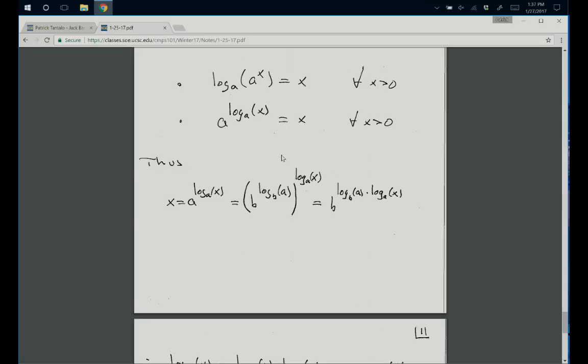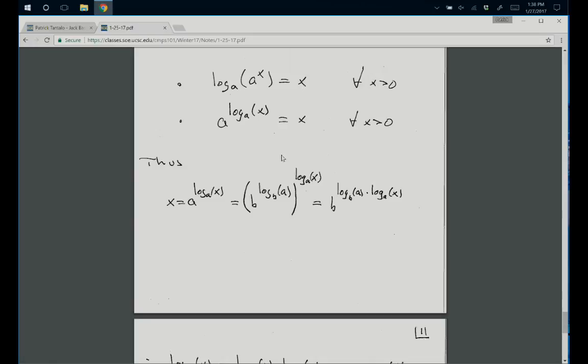Okay. Let's just stare at that for a minute. We're going to come back to that, so I'm going to refer to that as star. So the variable here is x. a and b are fixed constants. So that is nothing but a constant. In fact, if I use n as the variable, which is what we usually do in this class, log base b of n is equal to log base b of a times log base a of n.